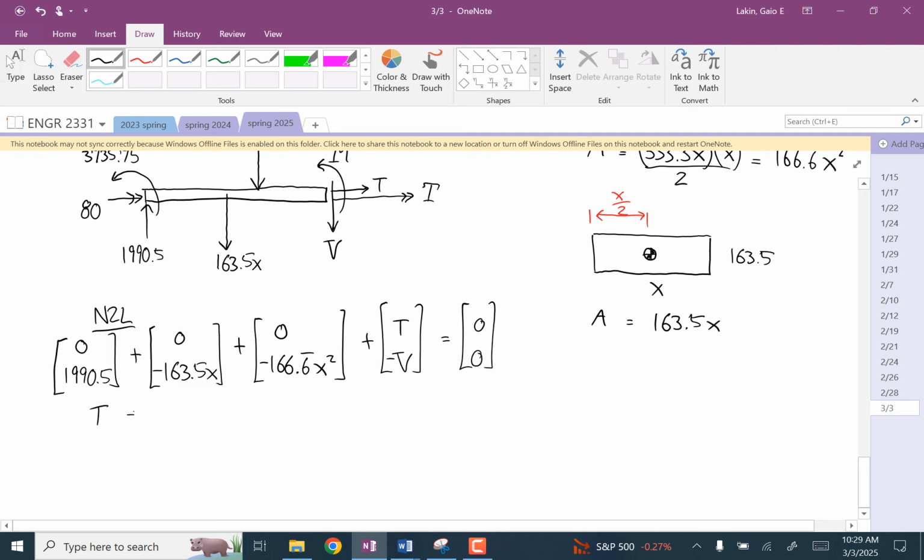And so t is equal to 0 and v is equal to negative 166.6 repeating x squared minus 163.5x plus 1990.5.